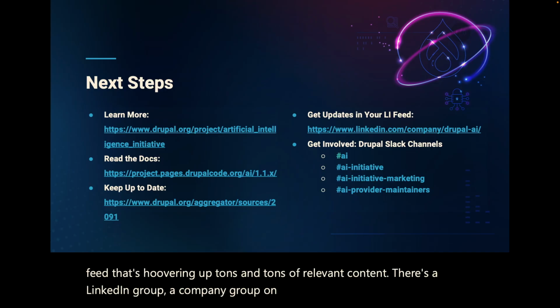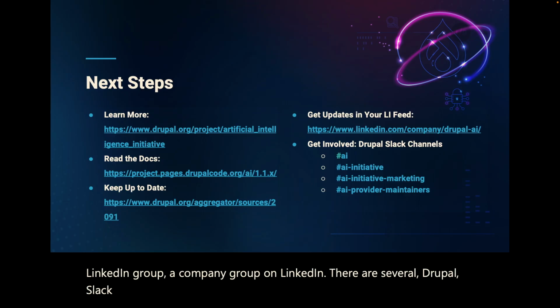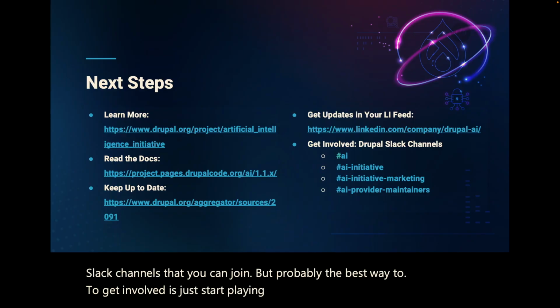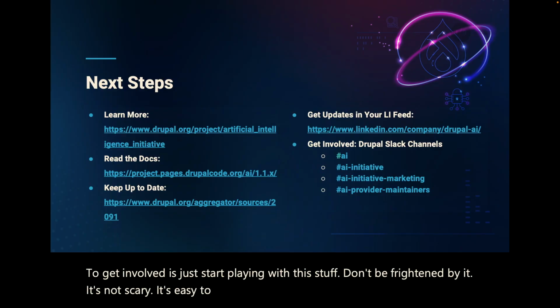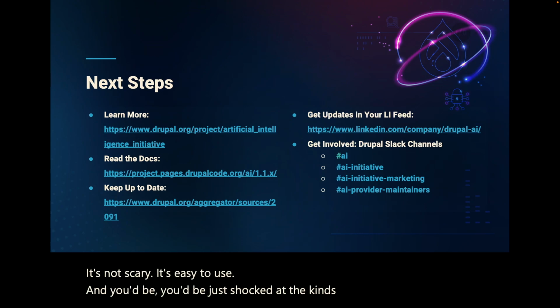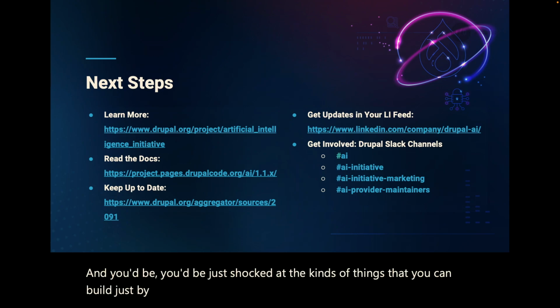There are several Drupal Slack channels that you can join. But probably the best way to get involved is just start playing with this stuff. Don't be frightened by it. It's not scary. It's easy to use, and you'd be just shocked at the kinds of things that you can build just by layering one experience on top of another experience on top of another experience.